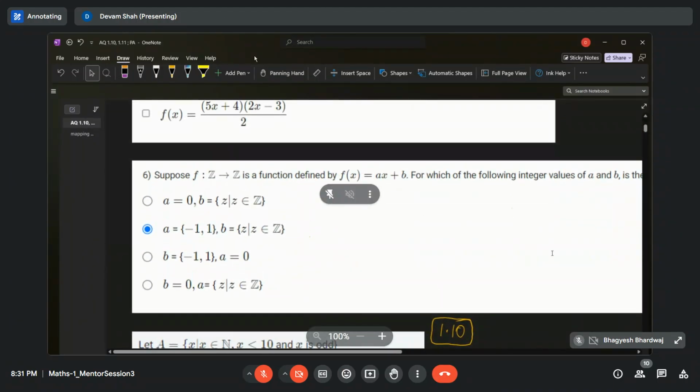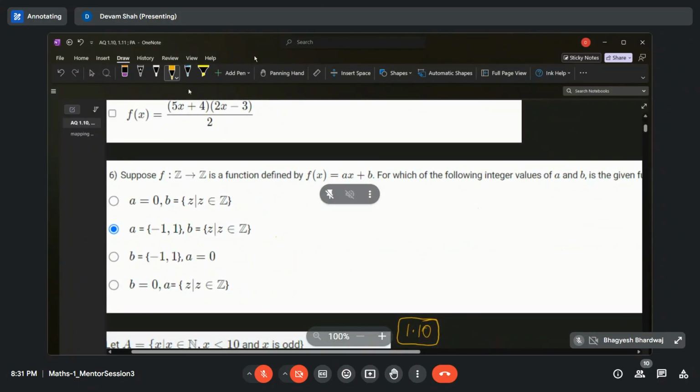Let's do this. Here, what is the codomain? It's the set of integers, right? Integers. Okay. Now let's take this only. It is either this equation or else this, right? And what is b? b belongs to integers, right?